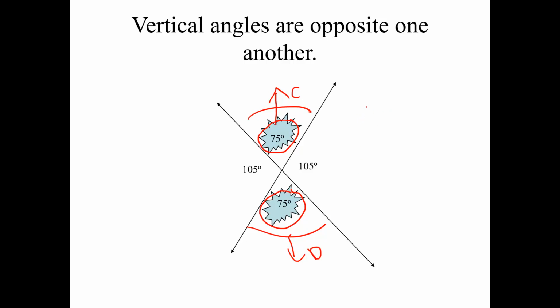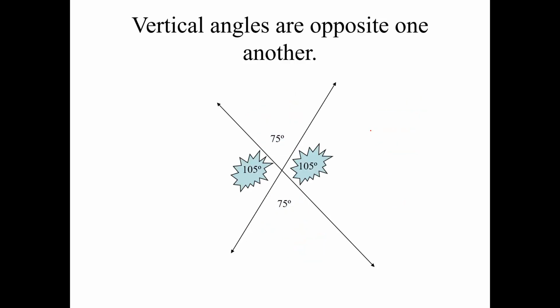So angle C and angle D are opposite, so we can call them pairs of vertical angles. And so does the one on the left and the right side.